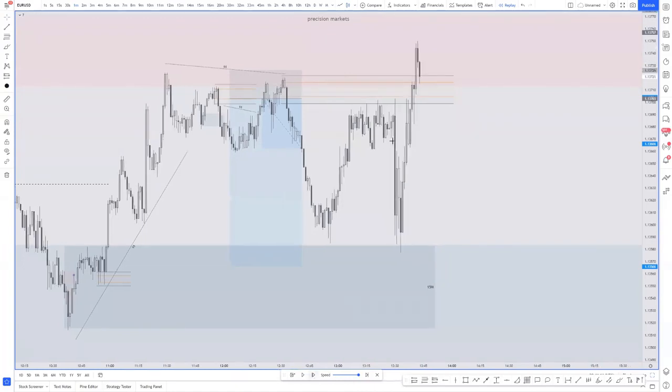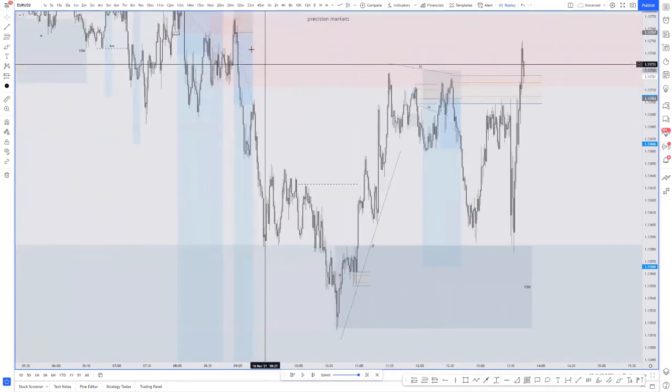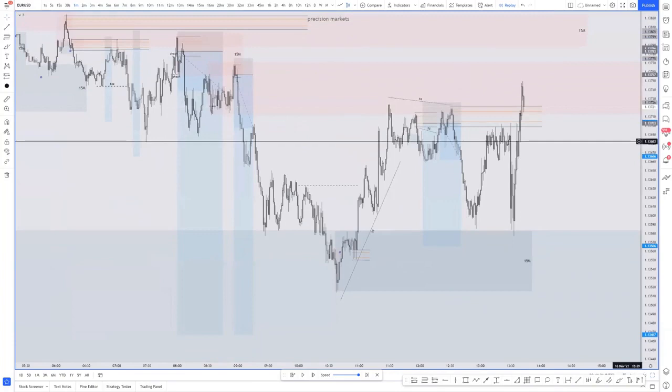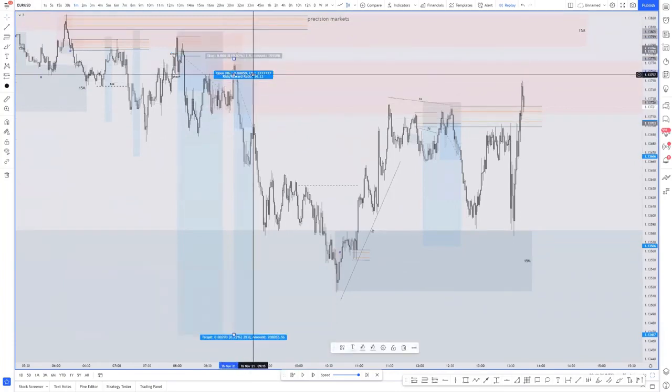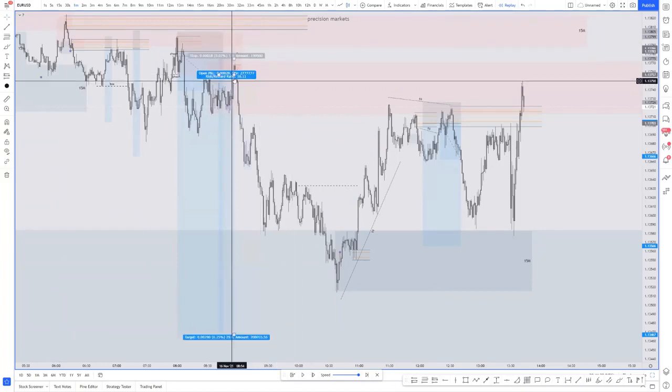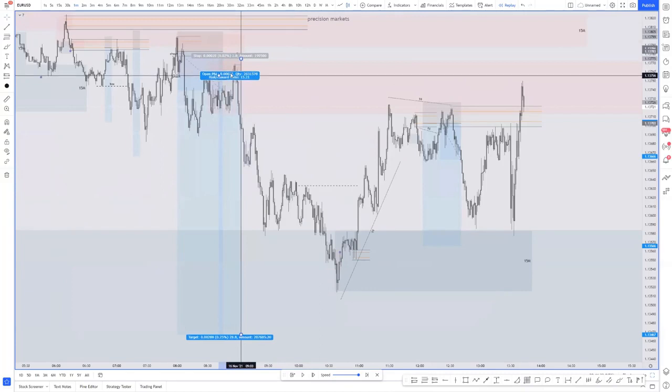Now, the good thing is, I'll bet you if we pull this, so I'm just gonna move this over here, I'll bet you the most recent.